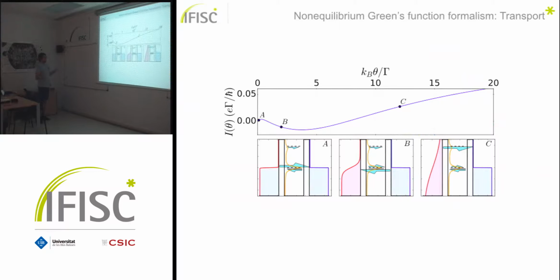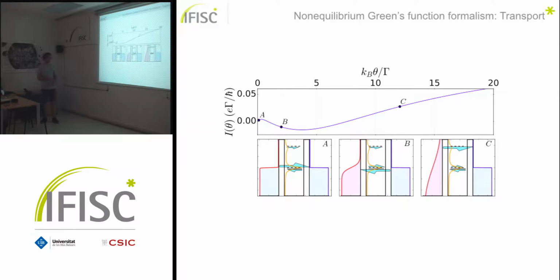In order to explain how these non-trivial zeros are created, can be done with three different energy diagrams. When we have a small thermal bias, we have only a little window where transport is permitted, and this window is in the Kondo peak. The Kondo peak is slightly above the Fermi energy, so electrons will go from this side to this side, making this current positive.